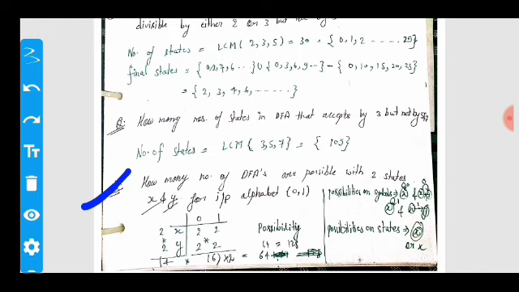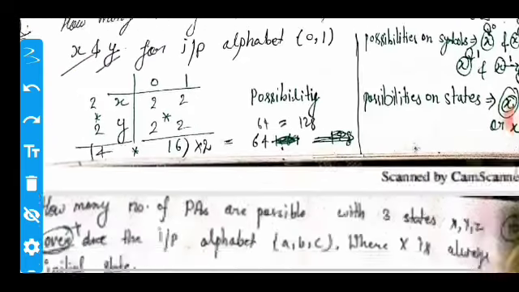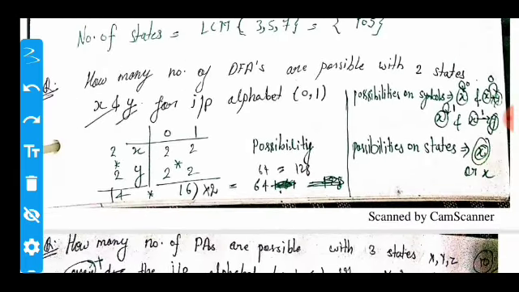So how many DFAs are possible with two states X and Y from input alphabet 0, 1? So we draw this table like this. Here it represents the possibilities, like here two states X and Y, and the number of input symbols in the alphabet is 0 and 1.